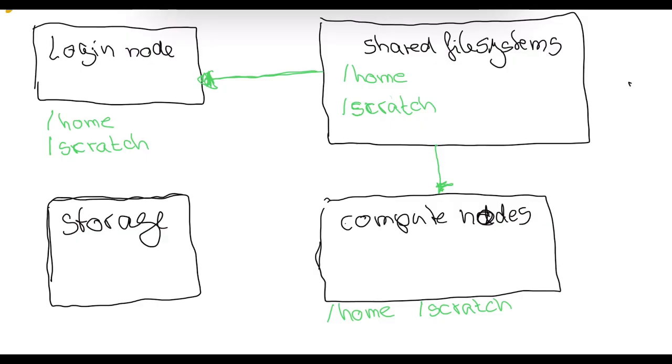The home file system also has the advantage that there's usually no time limit on it. So while it is small, files that are older than a certain amount of time are not deleted. That's a very uncommon thing to do. A lot of HPC centers also do snapshots or backups of the home file system. Not all do, so that's something that users need to investigate and check at the start.